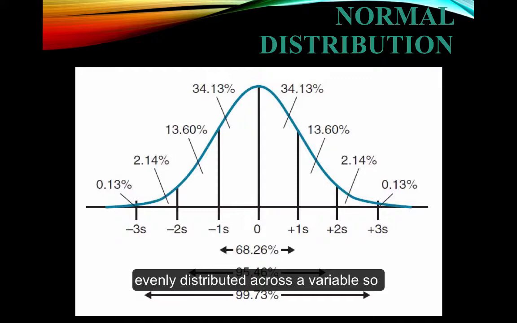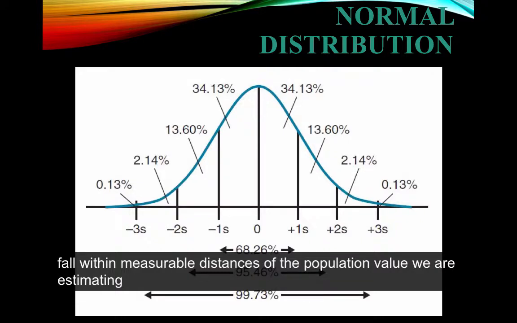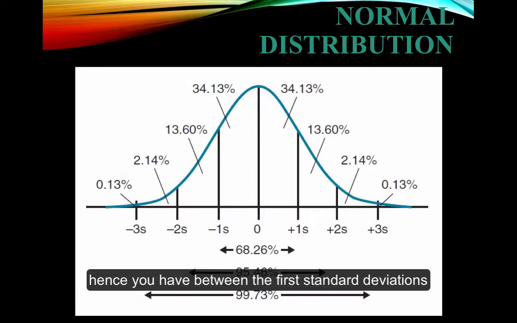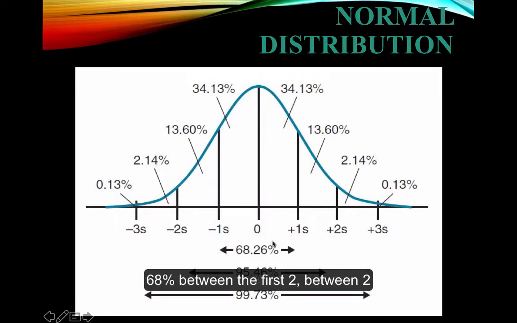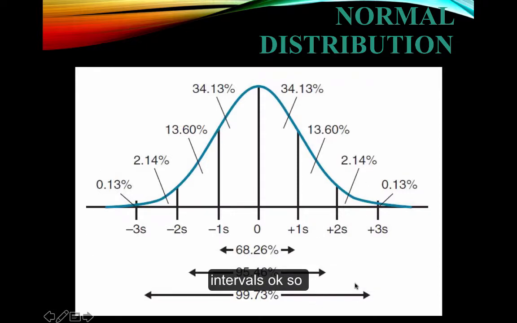So in a sampling distribution, predictable percentages of sample estimates fall within measurable distances of the population value we're estimating. Hence, between the first standard deviation you have 68%, and between two you get 95% or 99%. Later, we'll talk about how 95% and 99% are really what we call our confidence intervals.